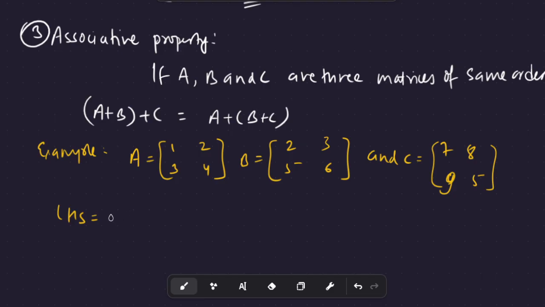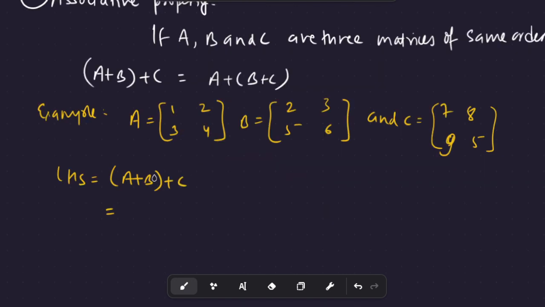Now if we find LHS, left hand side, here is (A plus B) plus C. A plus B is kept inside the bracket, so that is why we should solve A plus B at first, right? Now can you say how much will be A plus B? Row wise, 3, 5, 8, 10. So 3, 5, 8 and 10, plus C, 7, 8, 9, 5.